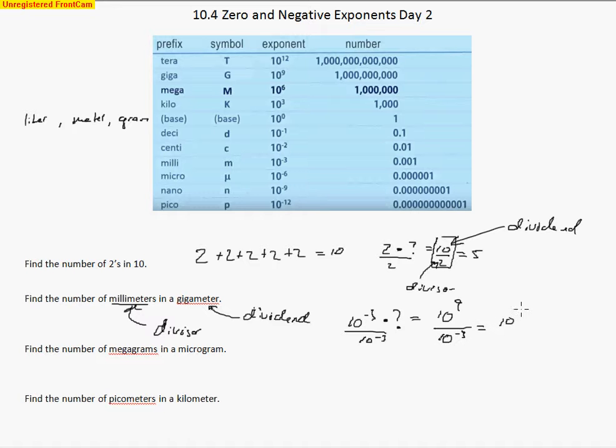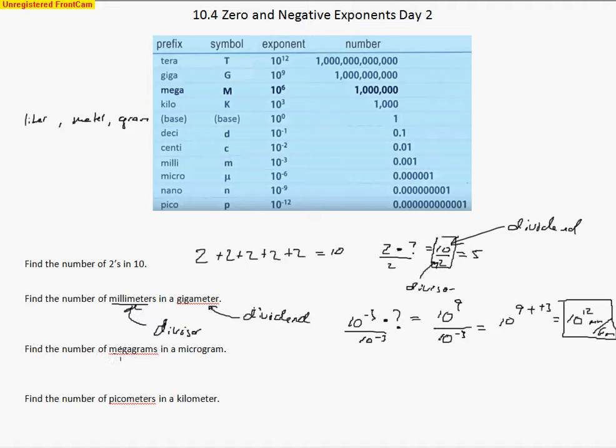The rule says that if we have the same base, we can subtract the exponents. So I add the opposite, and I now have 10 to the 12th power. That's how many millimeters are in a gigameter. I would say 10 to the 12th millimeters per gigameter, and that would be our answer.